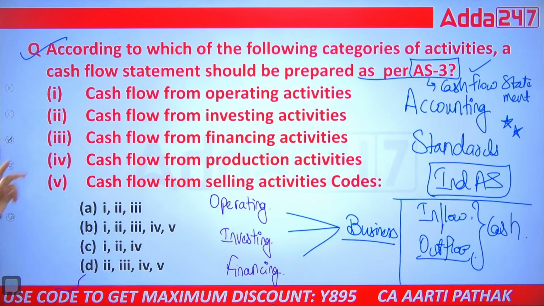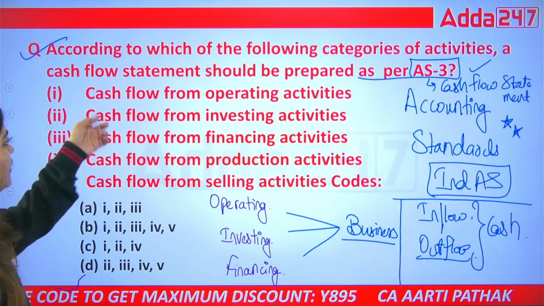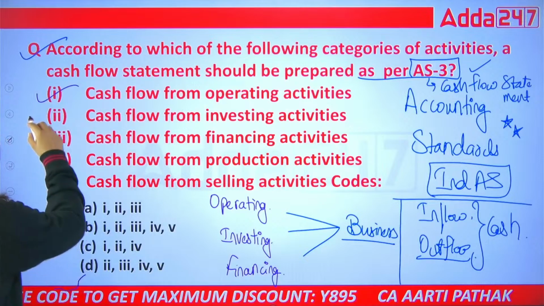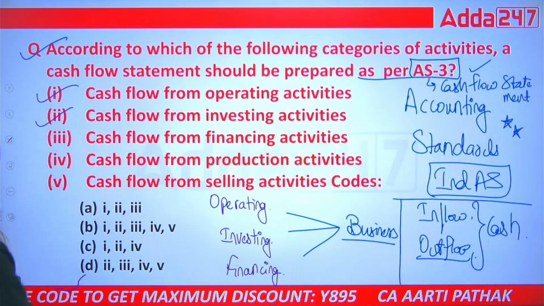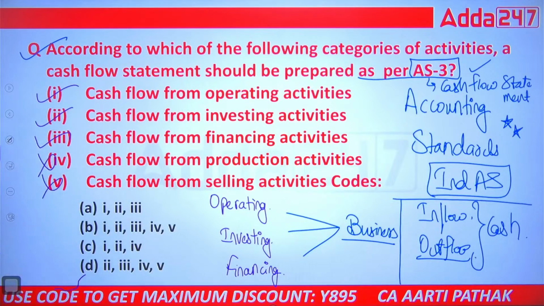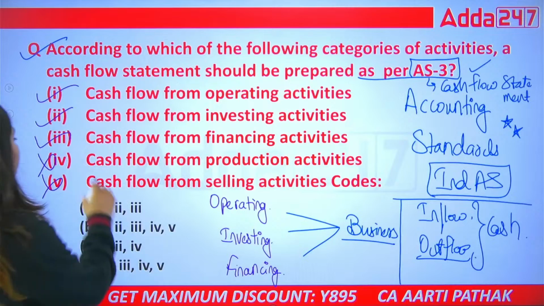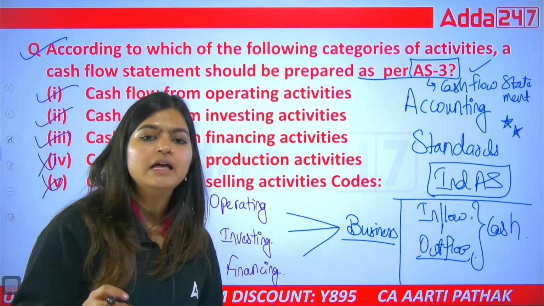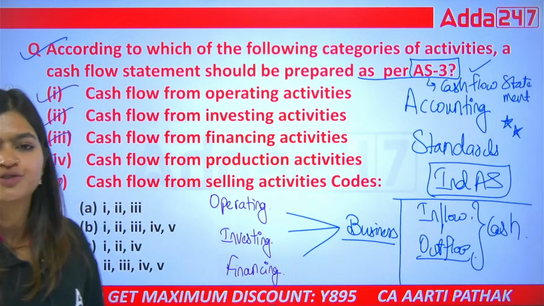Option A says cash flow from operating activities is a part of your AS3. Correct. Cash flow from investing activity. Correct. Cash flow from financing activity. Correct. Cash flow from production activities. No. Cash flow from selling activities, no. These fourth and fifth are unnecessary options. These are irrelevant options in your question.